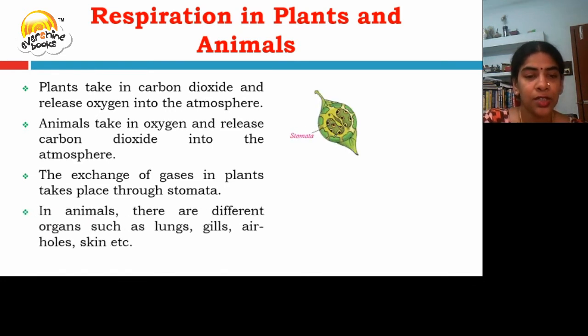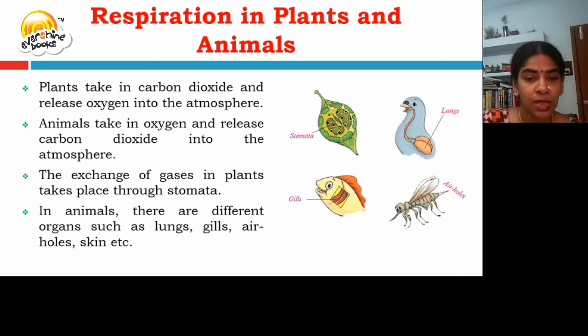In animals, there are different organs such as lungs, gills, air holes, skin, etc. So, plants respire through stomata in the leaves, while animals have lungs, gills, skin, air holes, etc. Plants take in carbon dioxide and release oxygen in the morning. At night, they take in oxygen and release carbon dioxide into the atmosphere.